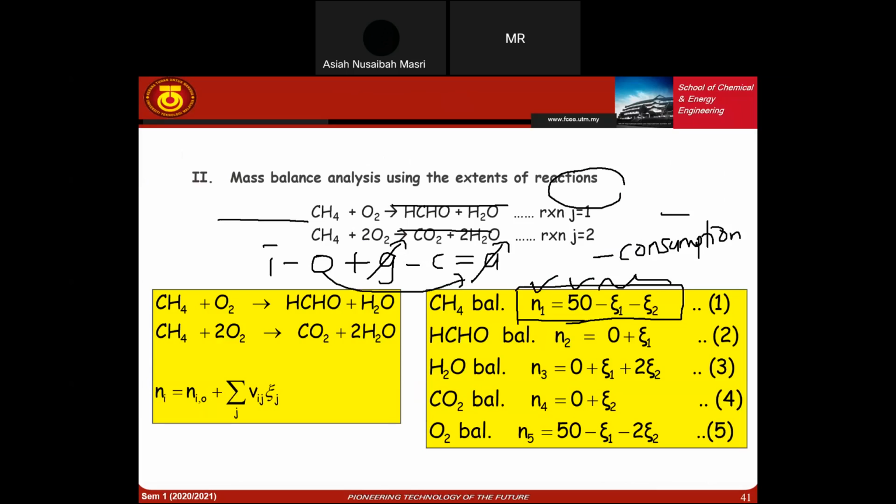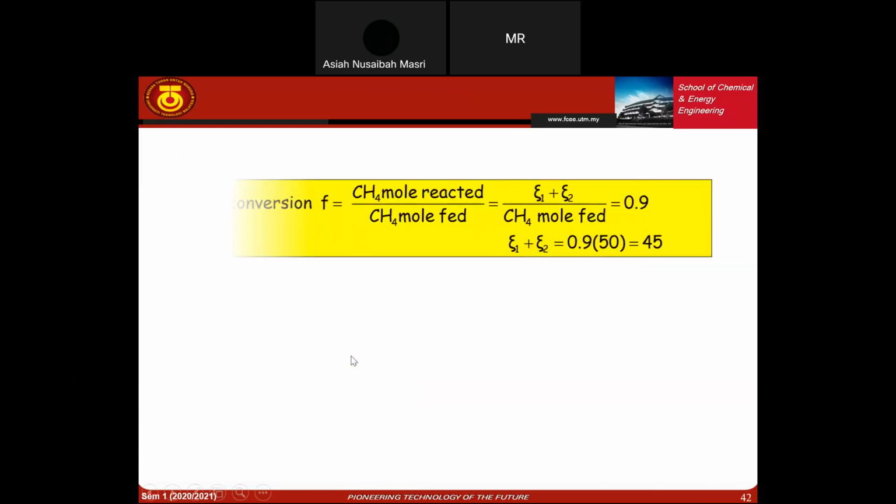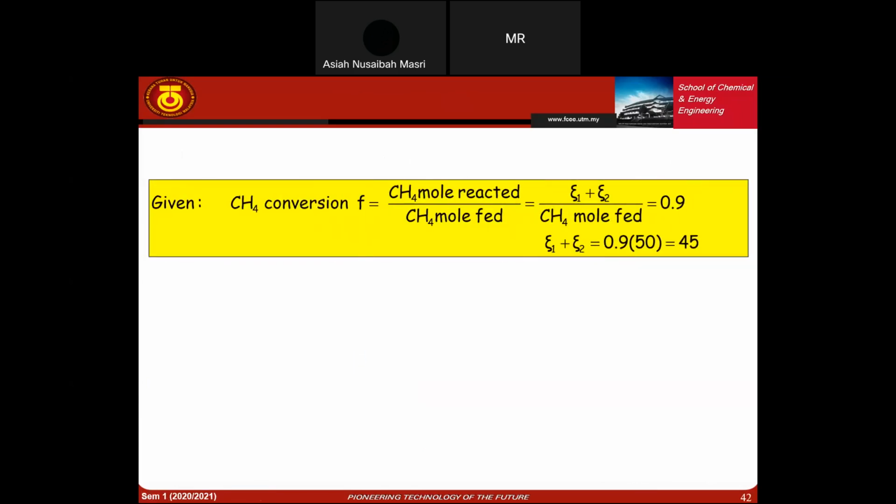So that will be minus in bracket extent 1 plus extent 2. How much consumed? How much reacted? That will be whatever is in the bracket, not including the minus. So that is why we come out with this one on top: extent 1 plus extent 2.